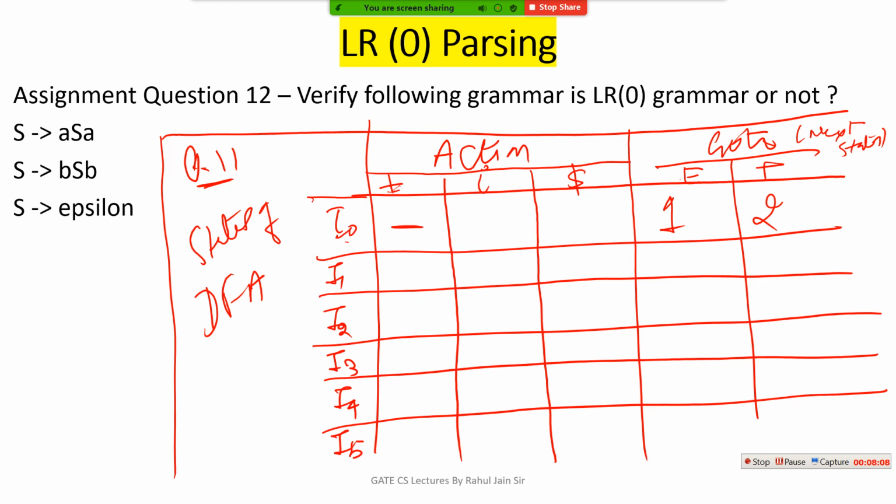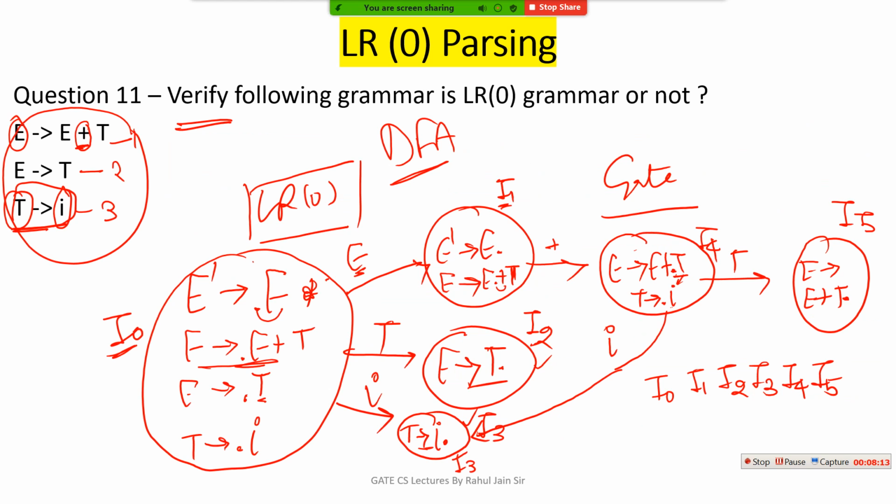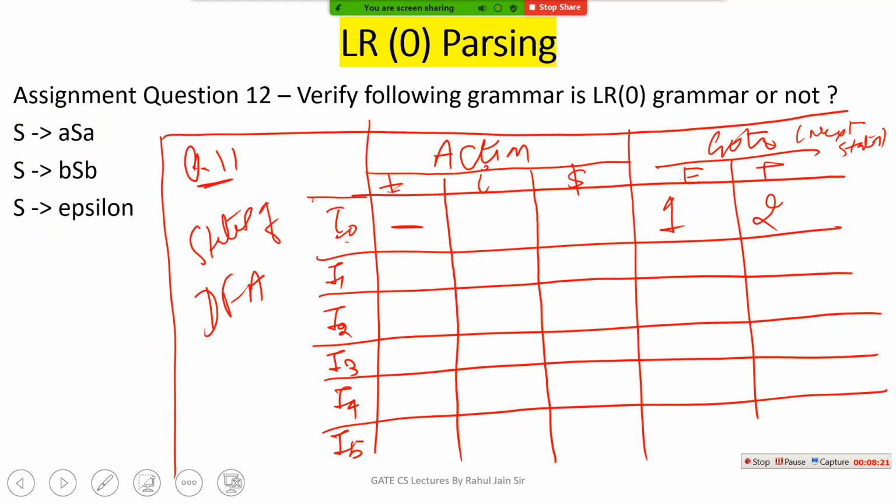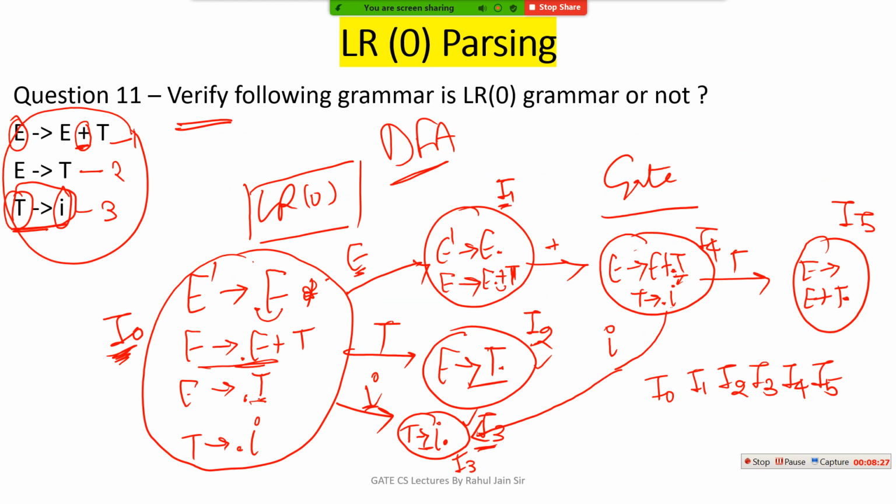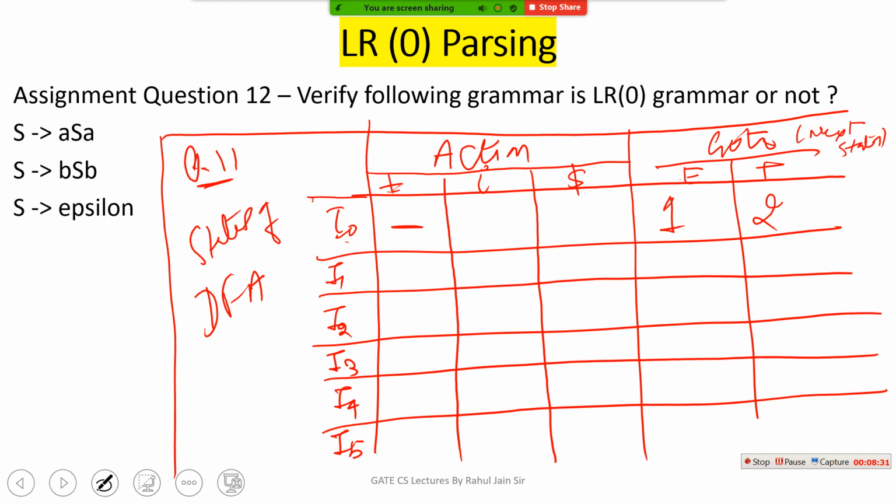Okay guys. And I0 on small i, it is going to I3. So it is shifting the i to the I3 state, so I will write here S3.